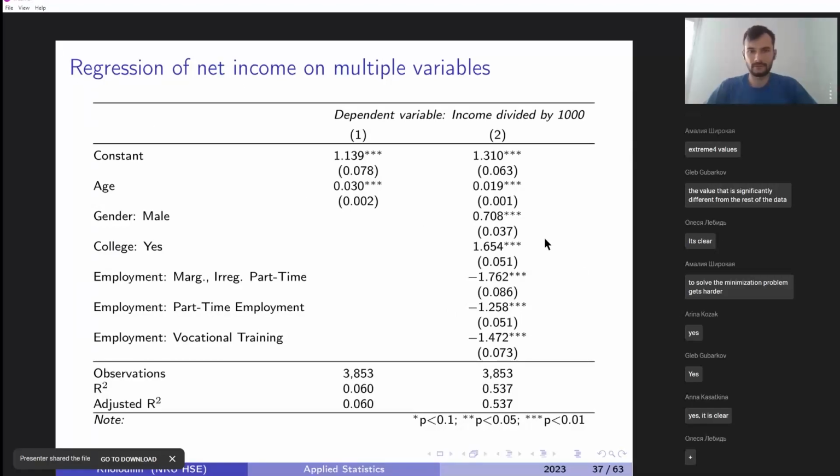Here is an example of the results when you run the regressions. What we are studying here is how to read the table.